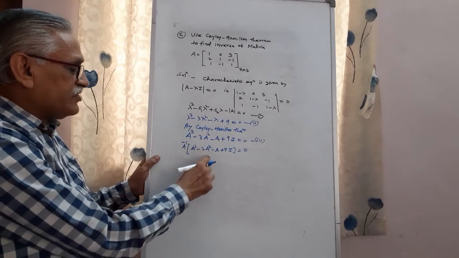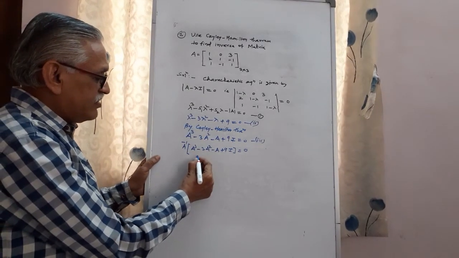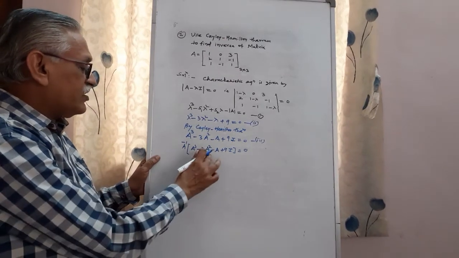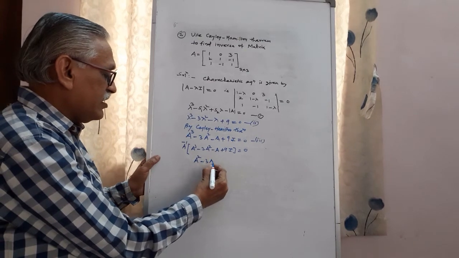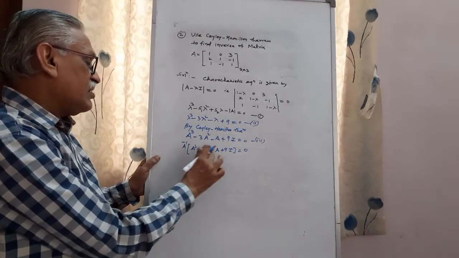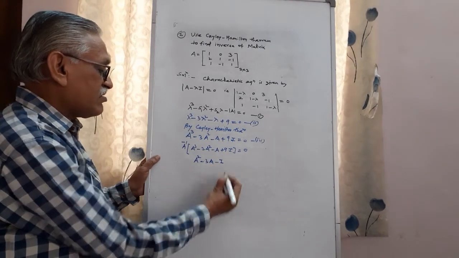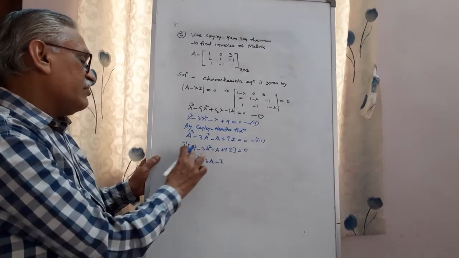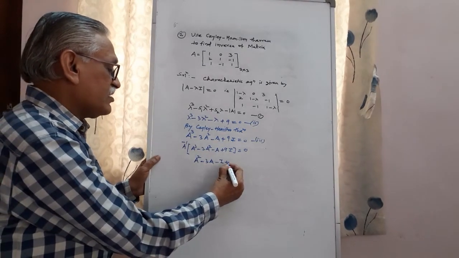Taking the multiplication inside, we get this one as A square, product of this, A square into A raised to minus 1, minus 3A. A into A inverse is the identity matrix, and any matrix multiplied by the identity matrix, we get the same matrix. Therefore, it is 9.